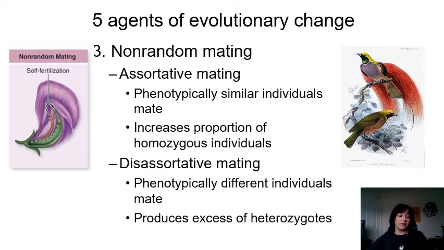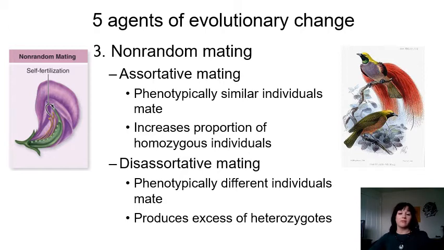Also, you can have things, like I said, self-fertilization. That is not random, right? And you can also have things where an individual is more likely to mate with another individual that looks similar. When that happens, that is called assortative mating.